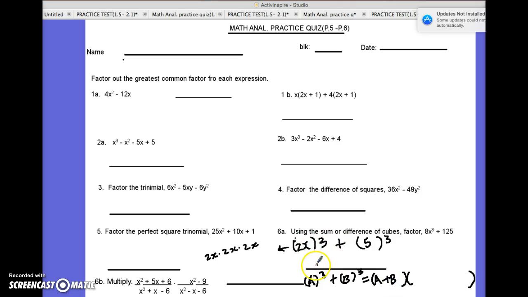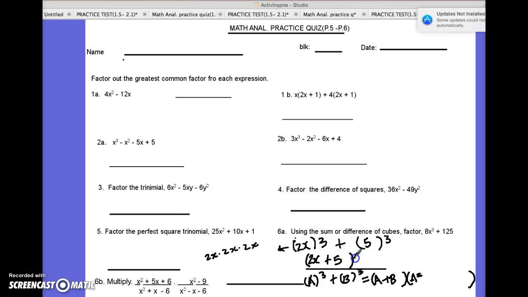Similarly, for factoring this sum of cubes, we're going to have a binomial where this is the a. So this will be 2x for the a plus b, and the b here is just the same as we have it here, so this will be plus 5. The trinomial in the template will be whatever is here squared, so it's going to be a squared.